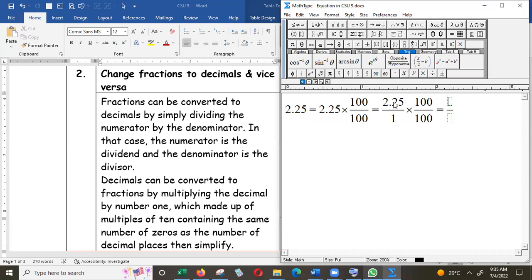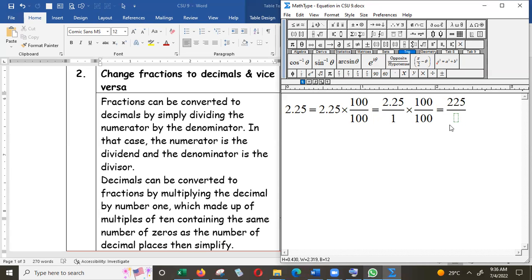Okay, 2.25 times 100, that will shift the decimal point 2 places to the right. That's a very popular rule of multiplying by multiples of 10, that the decimal point shifts according to the number of zeros. So because you have 2 zeros, the point has to shift 2 places towards the right. So we're going to get 225. 100 times 2.25 is 225.